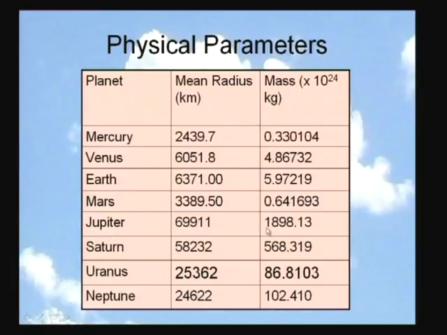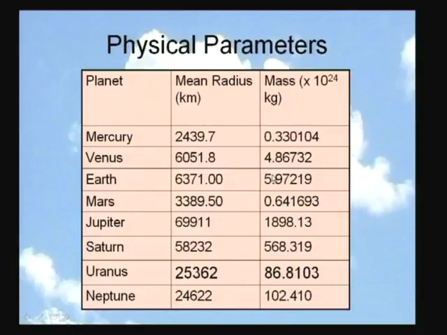The mass of Jupiter, as I have told you, is more than 300 times the mass of Earth, and the mass of Saturn, which is next, is around half of, or maybe less than half, 1/3 of that of Jupiter. Then you have Uranus and Neptune, but all of them are at least 10 times, more than 10 times larger in mass than that of the Earth.